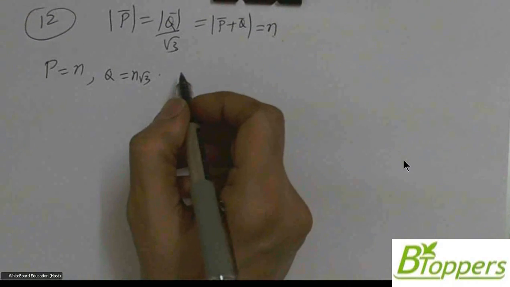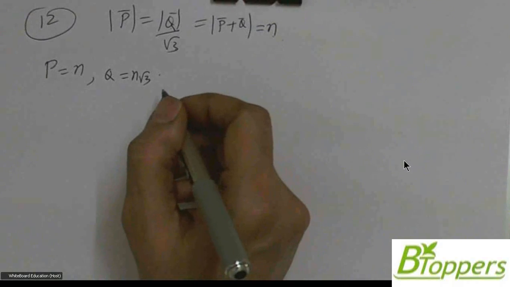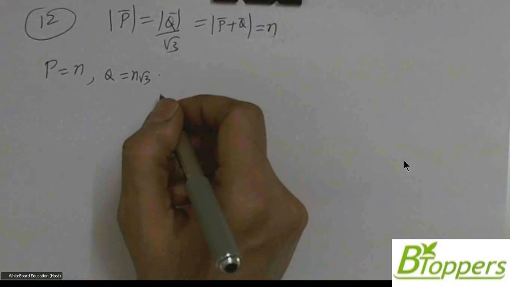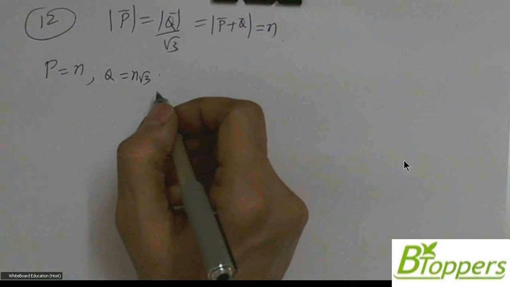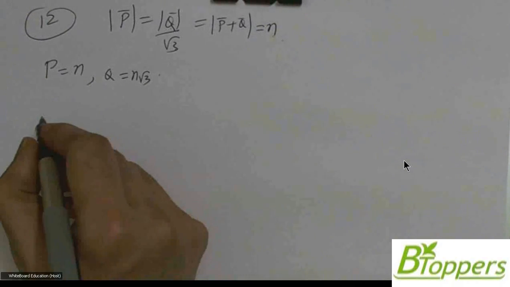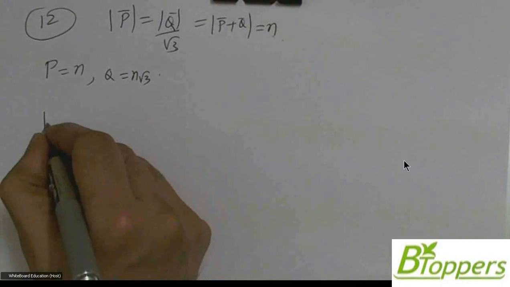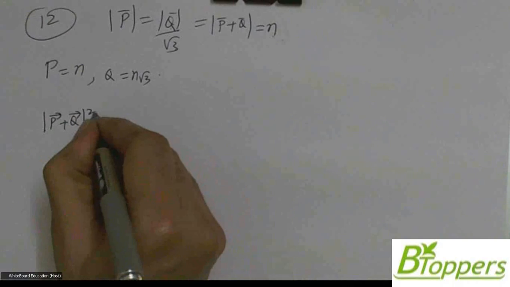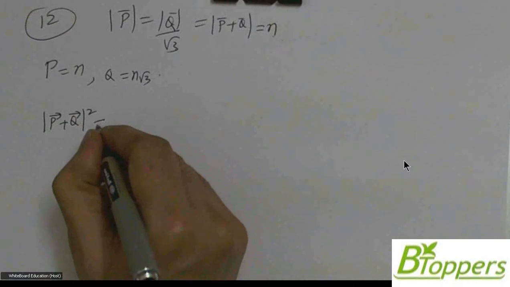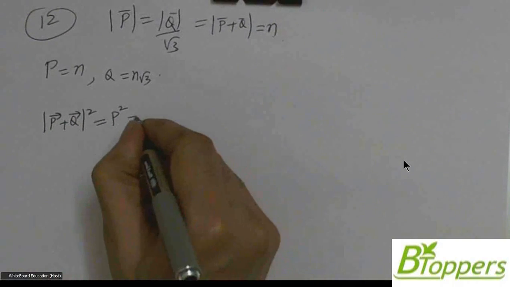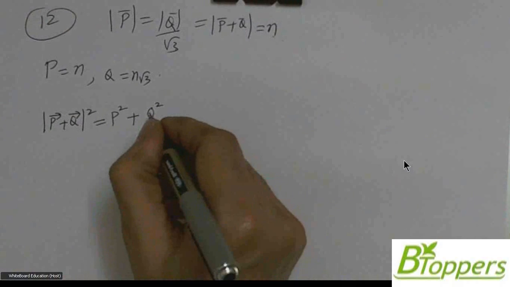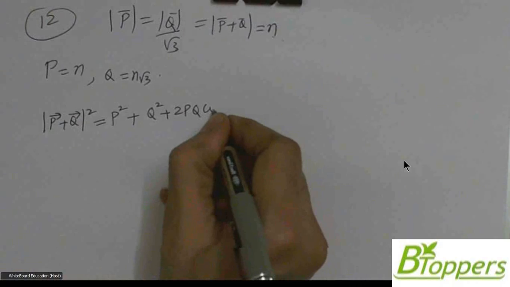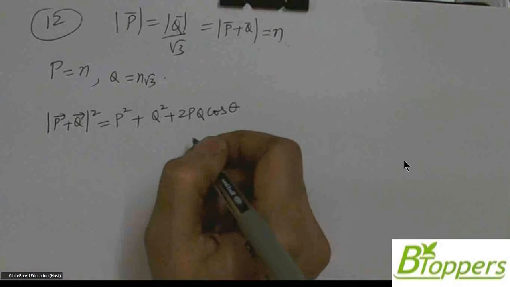So if theta is the angle between the vectors P bar and Q bar, then using the expression for magnitude of the resultant, we can write square of the magnitude of the resultant of P bar and Q bar equal to P square plus Q square plus 2PQ cos theta.